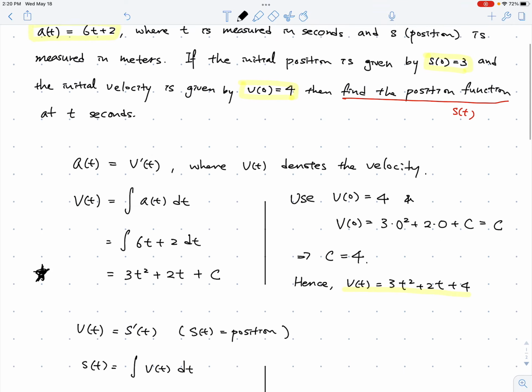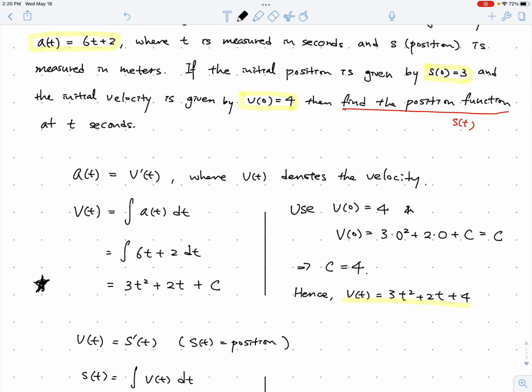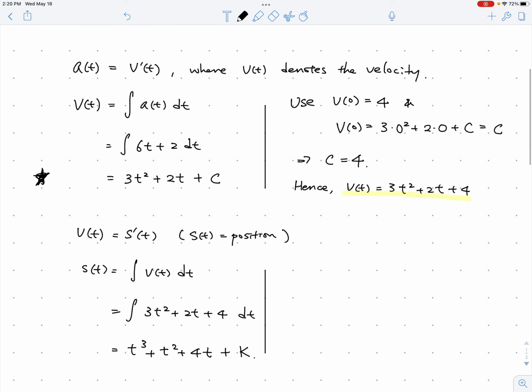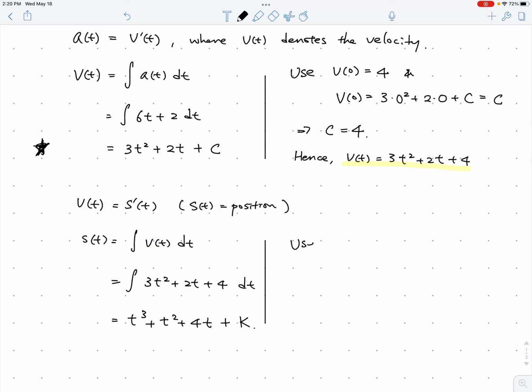So now s(0) is equal to 3. I use that information. I know s(0) is equal to 3. This is a given, right? And I use the function that I just found.